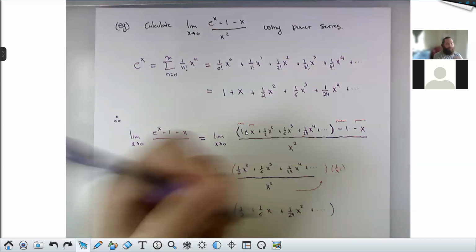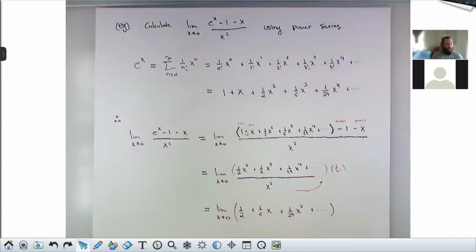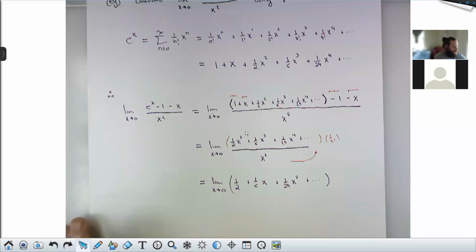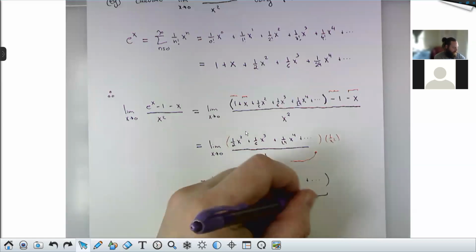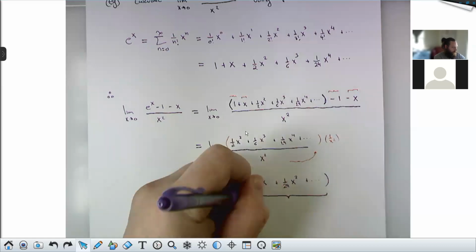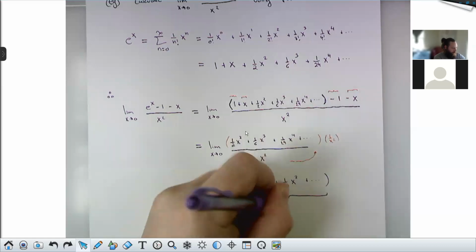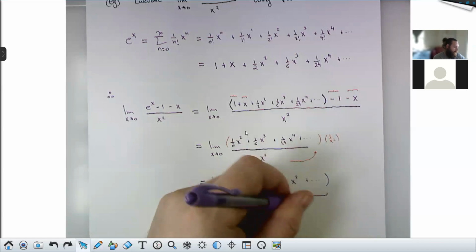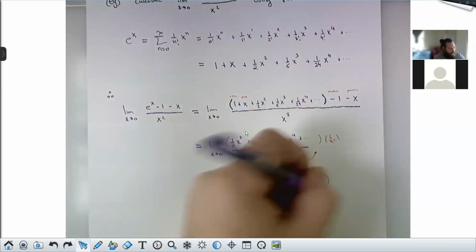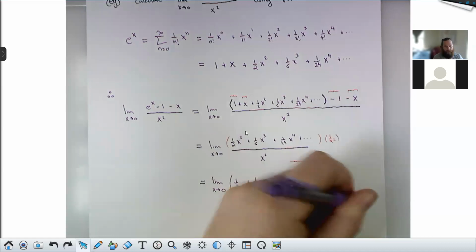And all of the terms here have an x in them.